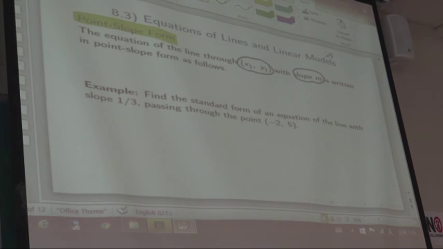The line equation is y minus y1 is equal to m, x minus x1. That is also very important. So when the slope m is given, and you have one single point x1 and y1, we can write down the linear equation.